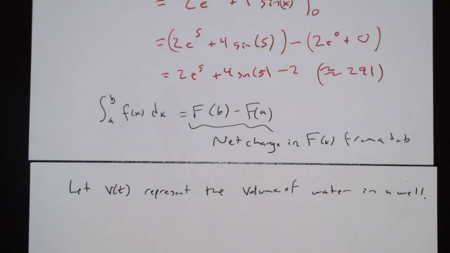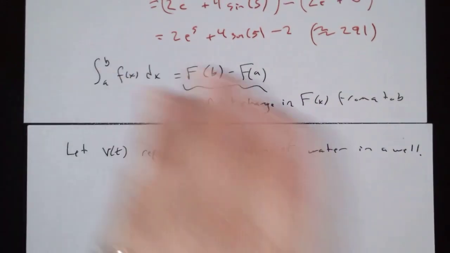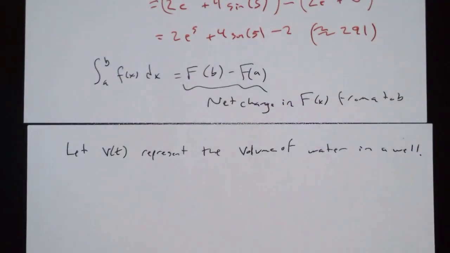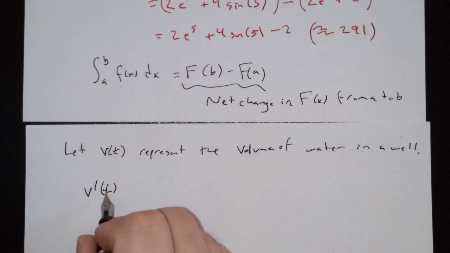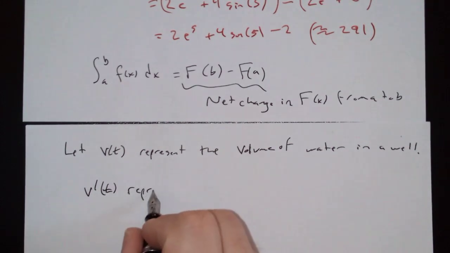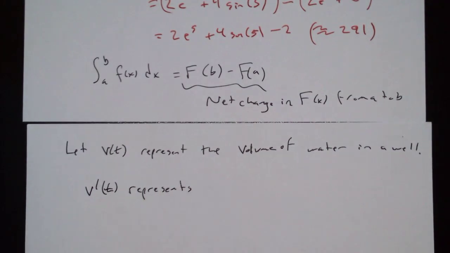I have a volume function, V of t. The amount of water in a well. The derivative of V. What does this represent? What does the derivative mean here?